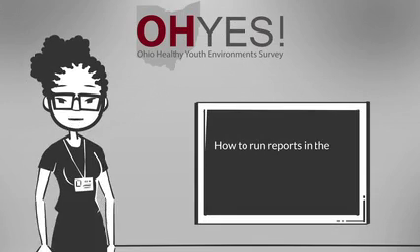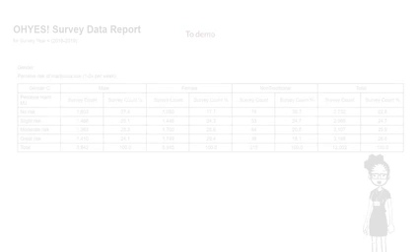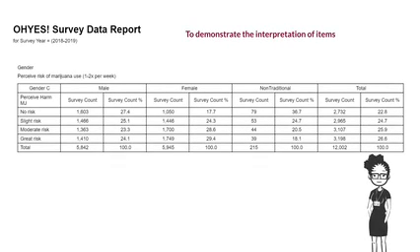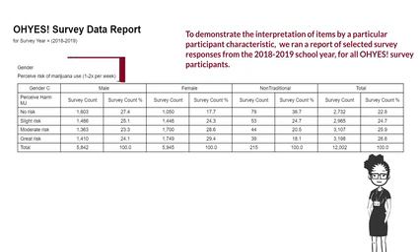How to run reports in the data warehouse is discussed in another video in this series. To demonstrate the interpretation of items by a particular participant characteristic, we ran a report of selected survey responses from the 2018-2019 school year for all OHYES survey participants to an item about perceived risk of marijuana use by gender. Let's examine that table.